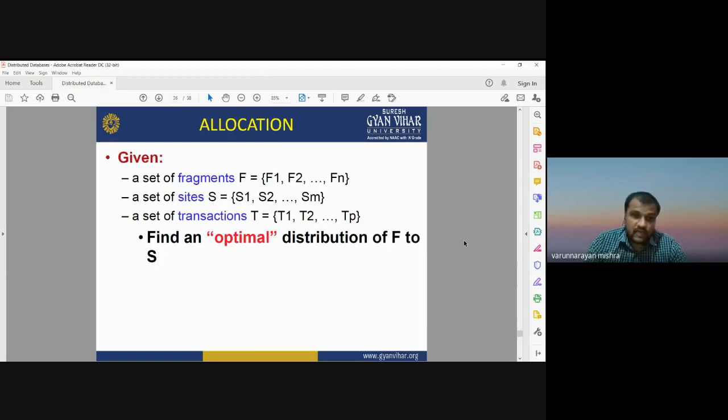Depending on the requirement, we can adopt any of the allocation types, whether fragment, site, or transaction. After that, we need to find an optimal distribution of the fragments to a set of sites, that is F to S, that is allocation.